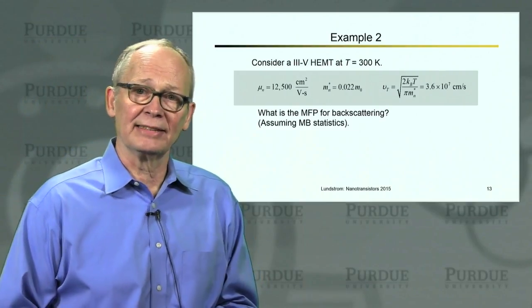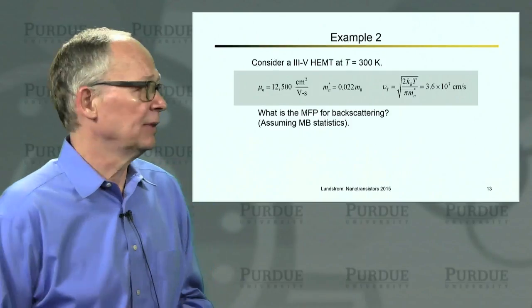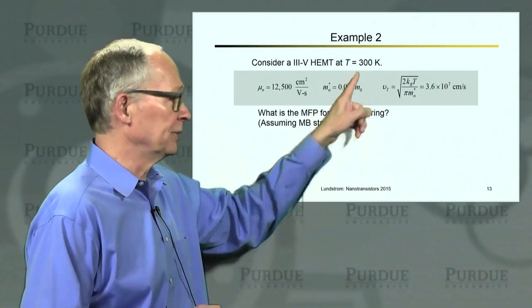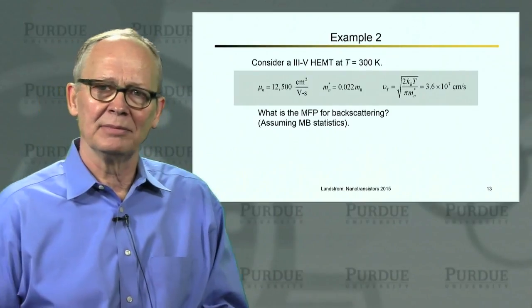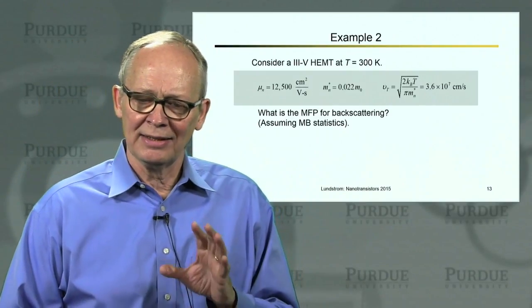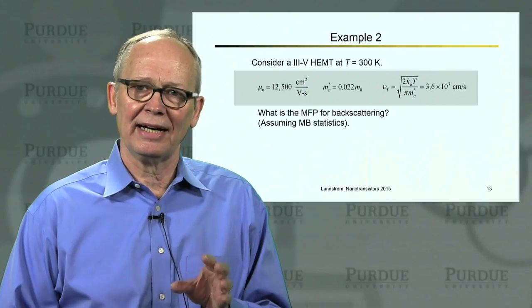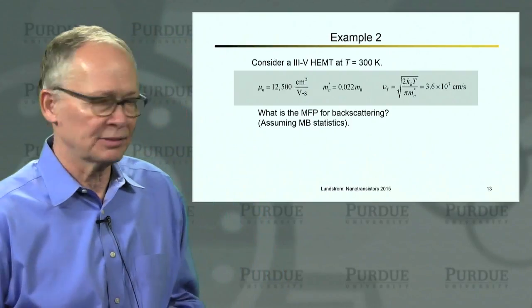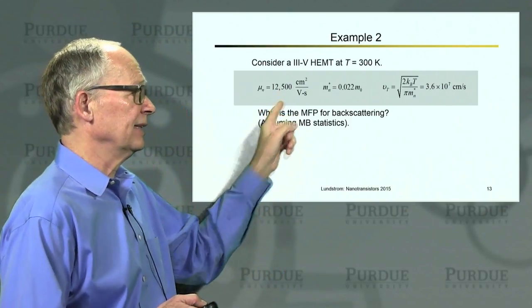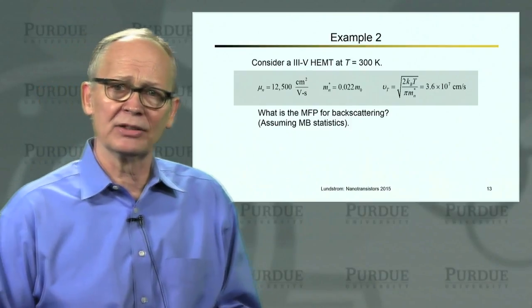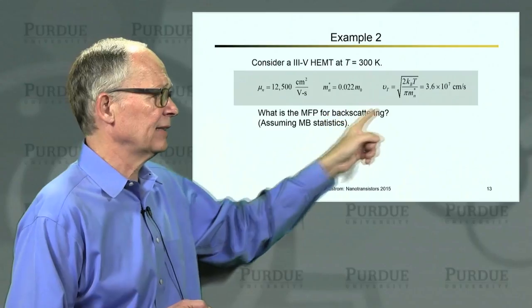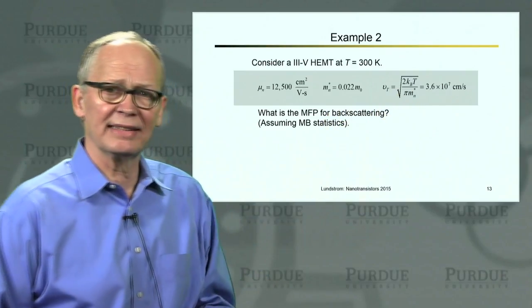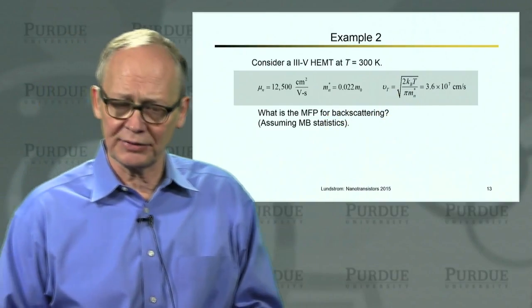Okay, let's do another example for a III-V field effect transistor at room temperature. III-V materials have very high electron mobilities. That's why the transistors are called HEMTs, high electron mobility transistors. The measured mobility in this case is over 12,000 centimeters squared per volt second. The effective mass is very light. The unidirectional thermal velocity is significantly higher than it was for silicon.